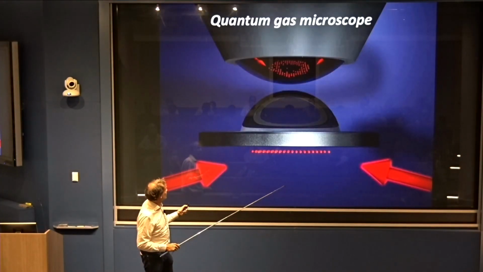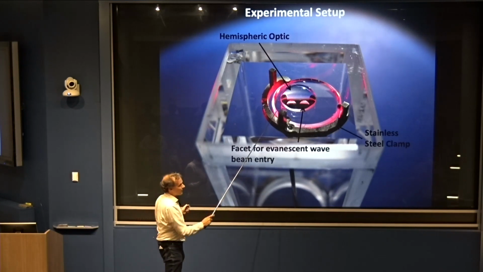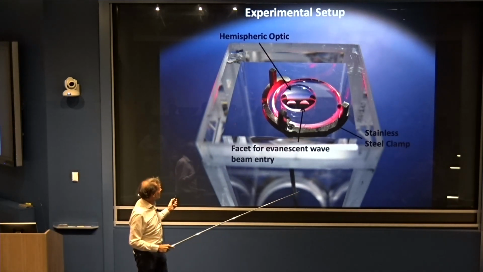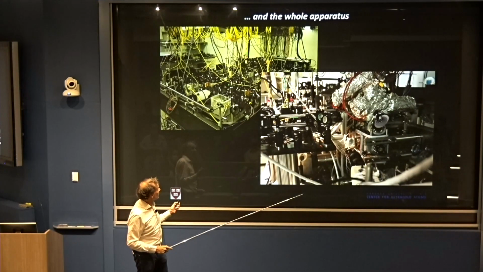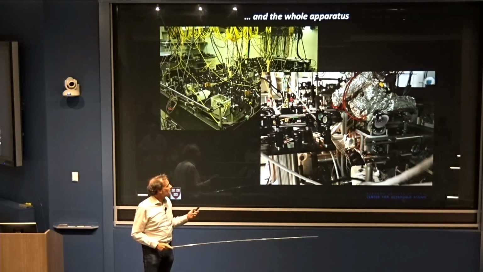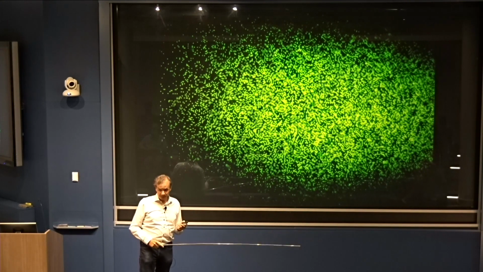So here's a sketch of a quantum gas microscope. This is how it looks inside. This is a vacuum chamber and a lens inside and a high resolution objective on top. The whole experiment is a bit more complicated. It looks more like that. But in the end, we get pictures like this.